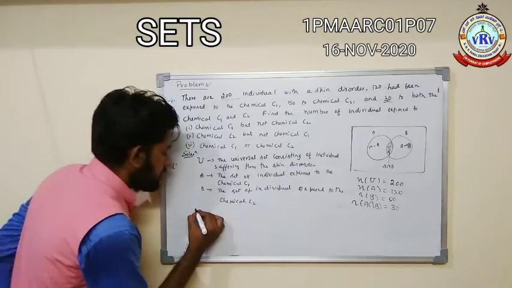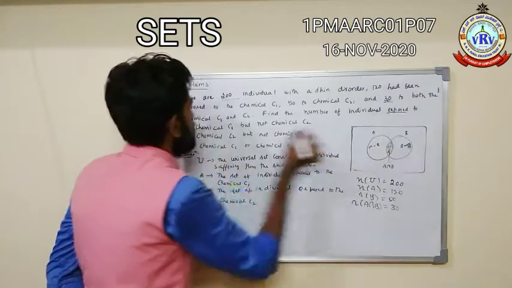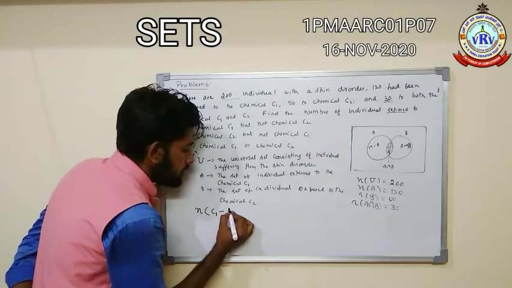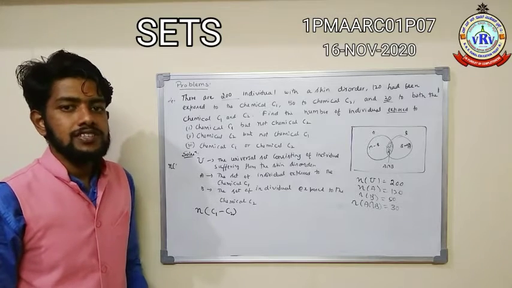We have to find the number of individuals exposed to chemical 1 but not chemical 2. Do you know the difference of sets?